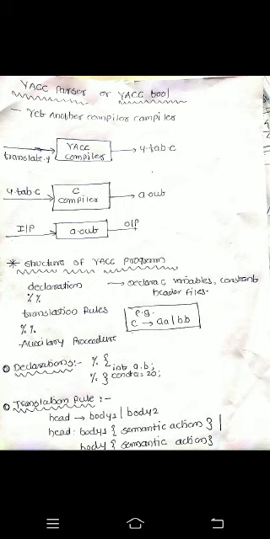Translation rules are used to define what kind of rules or patterns are to be available, and what kind of semantic action is to be performed by that particular pattern. This is to be provided in a translation rule. And the auxiliary procedure describes what kind of functions, what main functions are available. Let's discuss these things one by one.